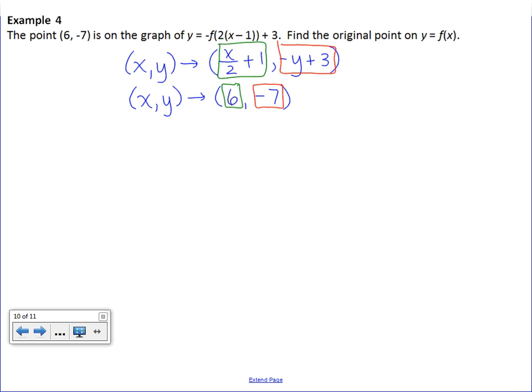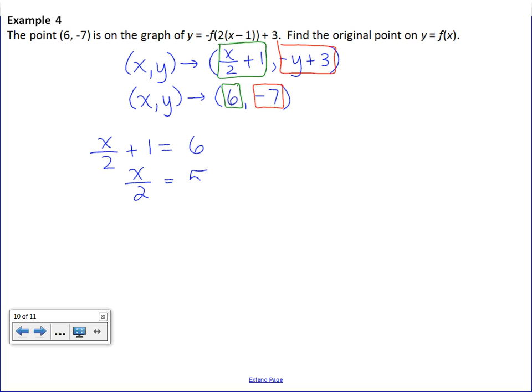So what I mean by that is you take your mapping rule and set it equal to 6. I have some mystery x. If I divide it by 2 and add 1, I need to get 6. Solve for x. That will give you the number. Make sense? And what are you going to do? You're going to, first of all, subtract 1, which is the opposite.